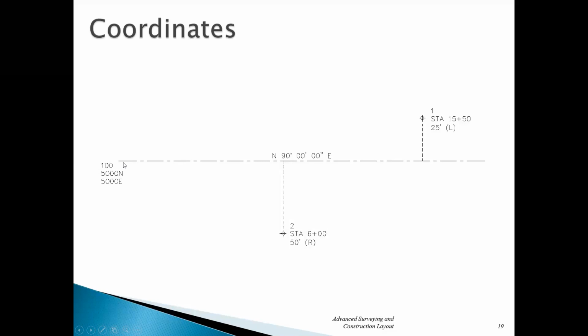But yes, assuming that, the easting would be 5,600. And the northing would be 4950. Right.